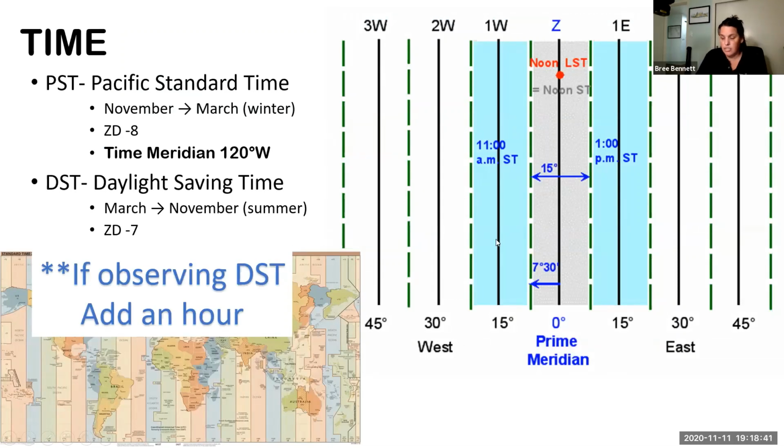If everyone has their Los Angeles chart daily pages, the table 1, if you look at the very bottom, it's going to tell you the time meridian. Everyone see that? Time meridian is 120.